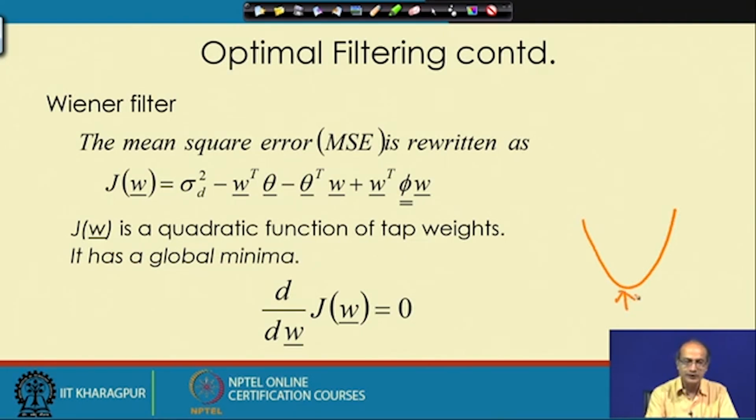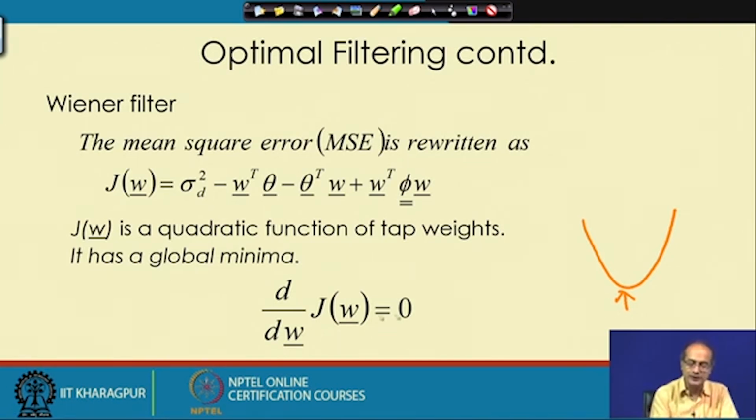So we exploit that situation. We want to find the value of the weight where the gradient is 0, and thereby find the point where the value is minimum. So we are using that fact.